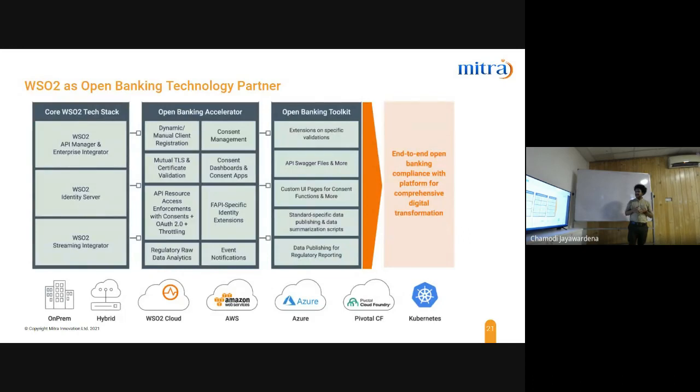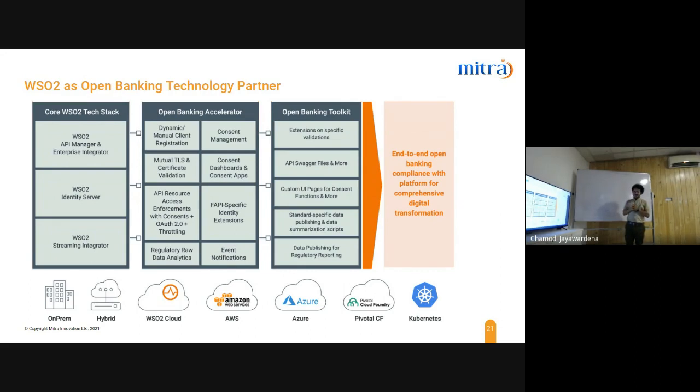One is the API Manager. On the left side top, you can see the API Manager, and next are the Identity Server and the Streaming Integrator. I mentioned that you have to open the APIs and control the APIs, maybe the versions and everything. That can be done with the API Manager. You have to control the requests, and everything can be done by that.